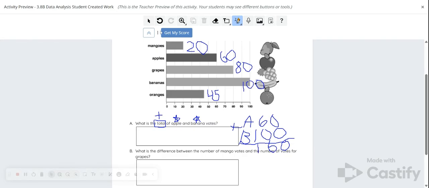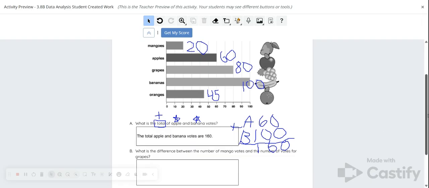So it looks like the total, when I put these numbers together, the total of apples and bananas, I'm going to change this. I'm going to say the total votes. The total apple and banana votes are 160. Okay. So make sure you are answering the question as well, because these are not multiple choice.